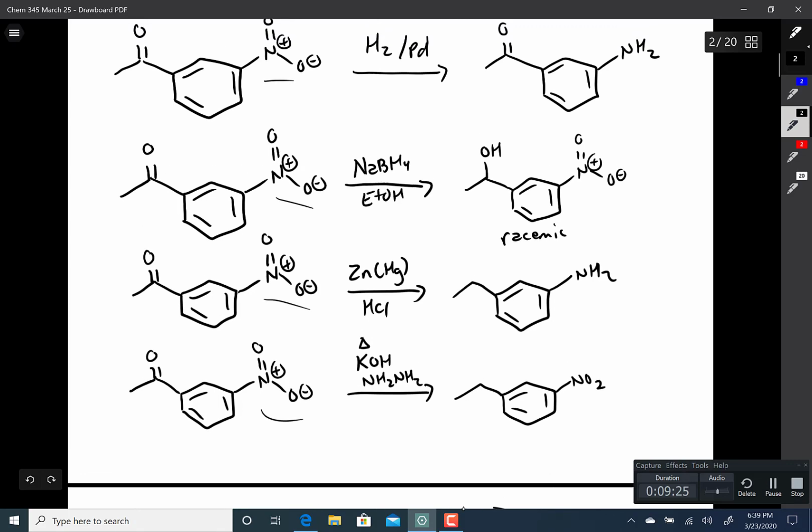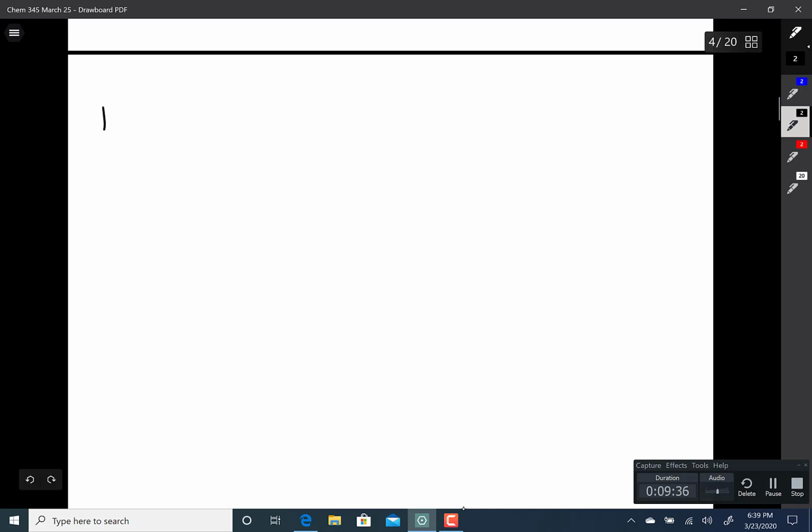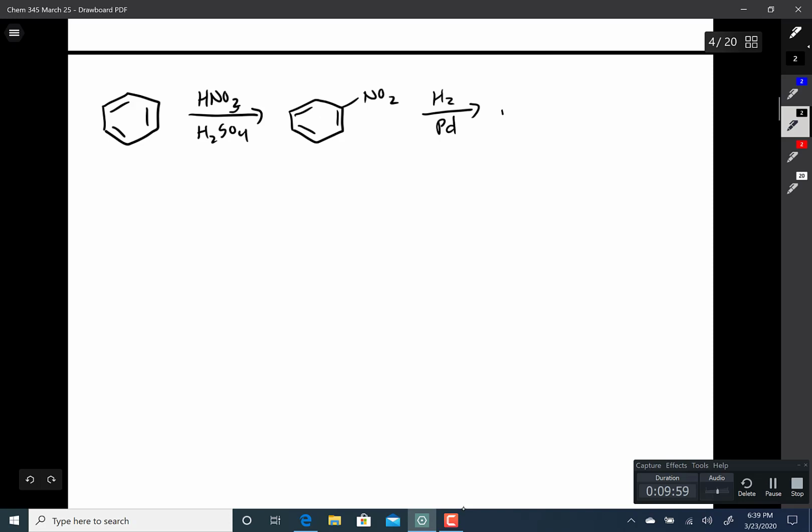Now, but the reduction to the amine is actually quite important. Because in 2 steps, we can put an amine directly onto a benzene ring.